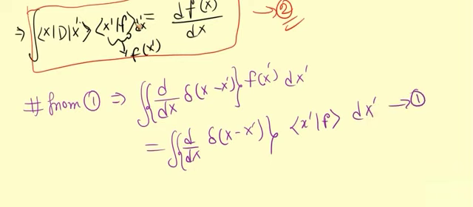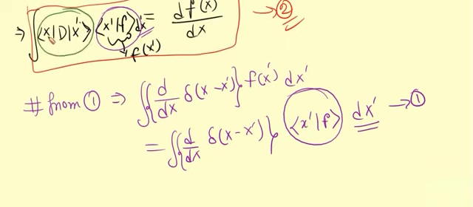Now if you just compare these two, both of them have this projection of f along the x prime basis. Both of them have this integration measure dx prime, and finally you can see that this matrix element, that is x dx prime, and there is this d/dx of delta(x minus x prime).